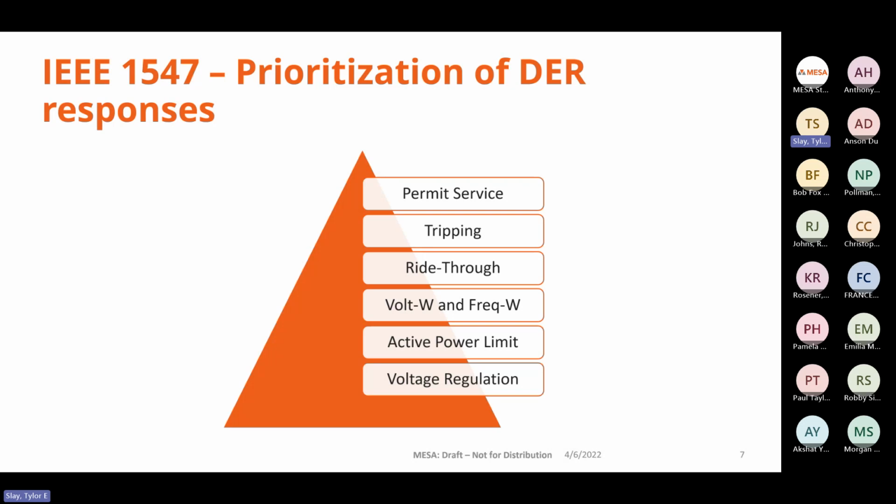Tripping, this is for if there's a voltage deviation or frequency deviation that you need to disconnect from the system immediately. Ride through capability, so they don't disconnect too quickly though. And then we have your curve-based controls, your volt-watt, frequency-watt modes, active power limit to make sure you stay within some type of bounds for the system, and then your voltage regulation, in that order.